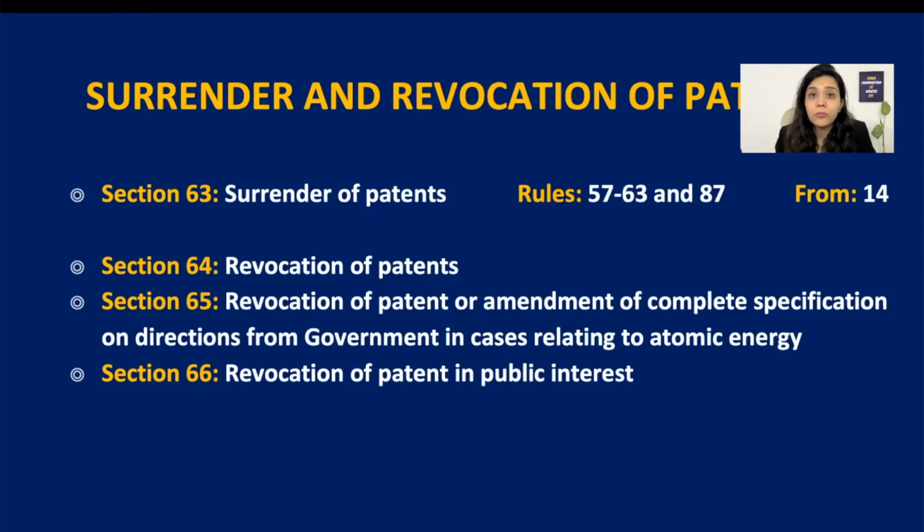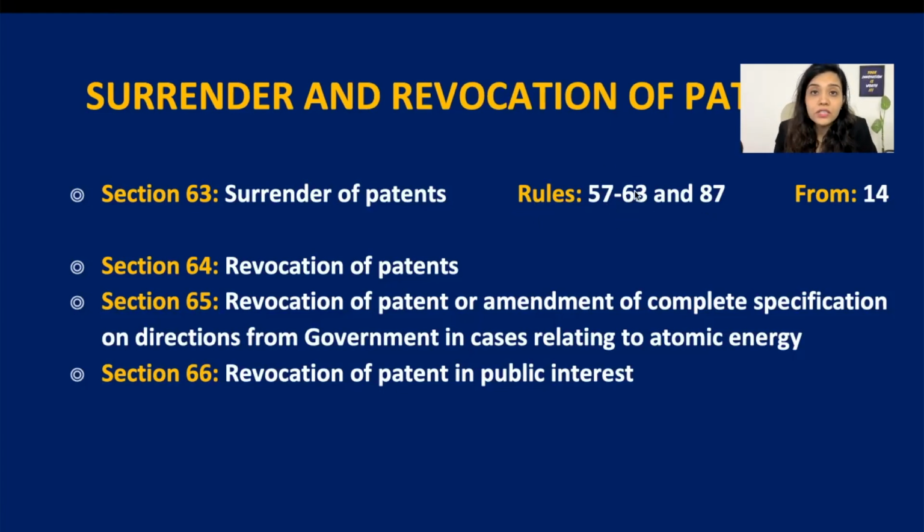And for example, someone wants to oppose that surrender. There could be a scenario that the patent is licensed to somebody and that person wants to oppose the surrender of patent. In that case, surrender can be opposed in form 14. So any opposition for surrender of patent comes under form 14, and the relevant rules are rule 57 to 63 and 87.